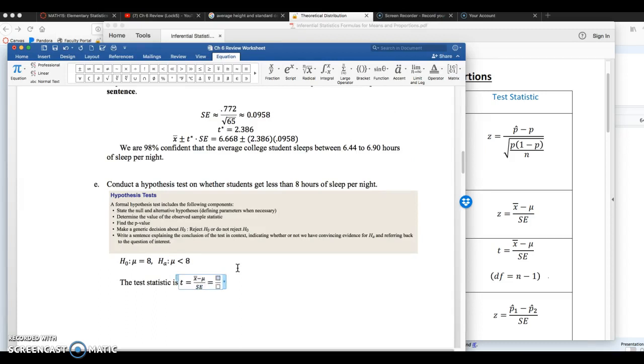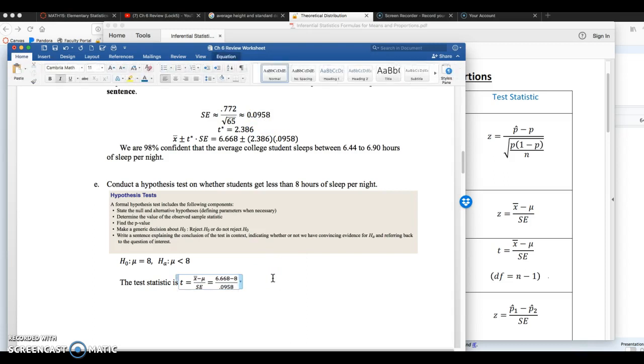So that's going to equal x bar, which we have up here, 6.668 minus 8, all divided by 0.0958. Using this value from above, the standard error is the same. And I'm going to throw that in my calculator, 6.668 minus 8, divide that by 0.0958, and we have minus 13.9.